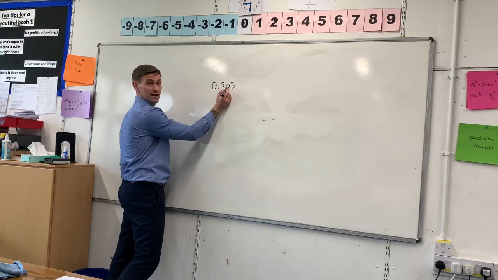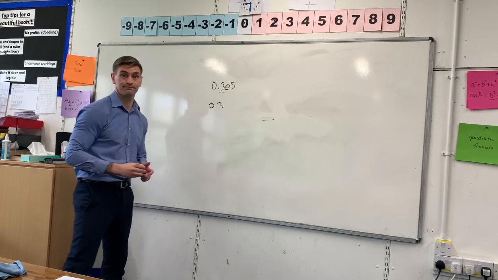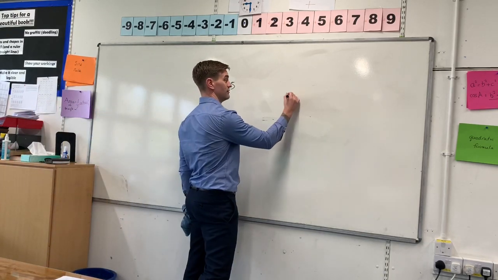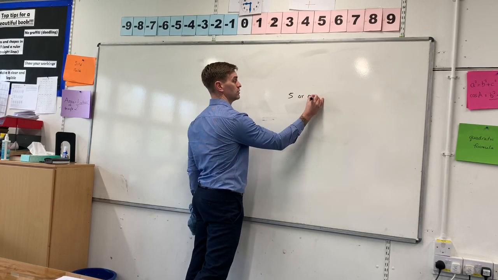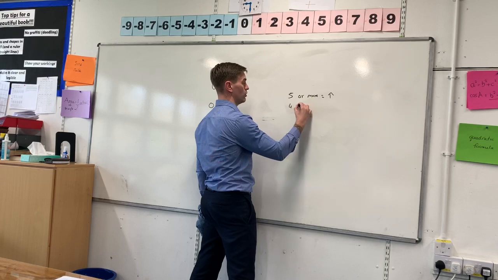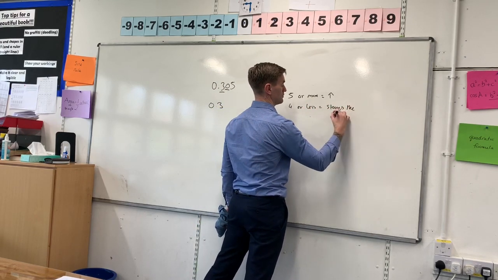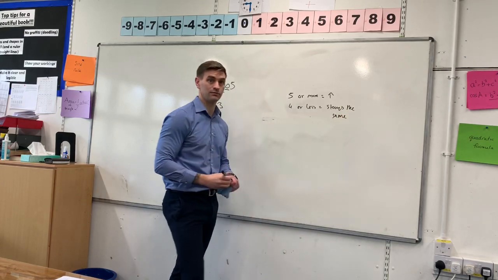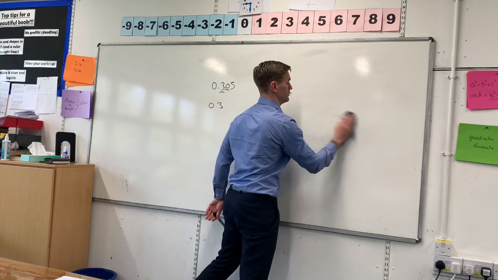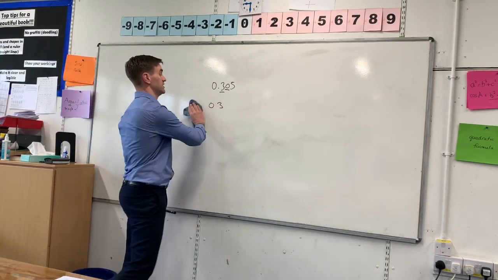If it's less than a 5, it stays the same. So the answer is just 0.3. So your notes, you'll need to write, 5 or more equals up, 4 or less equals stays the same. Little note in green, so next lesson when you look back you go, oh yeah. You become independent. Then after a couple of times of doing these, you will not need to look back and you would have learnt it.